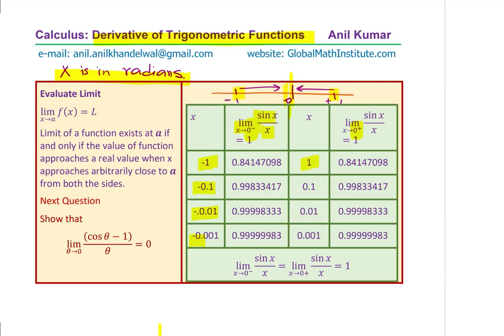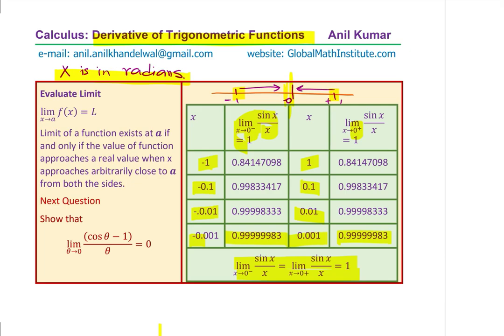Similarly, for the right hand side, we are decreasing the value 1 to 0.1, 0.01, 0.001. You can now check the value. It is 0.99999, approaching 1. You get the idea. So from both the sides, we just approach the value 1, and therefore this limit exists and it is equal to 1. Is that clear to you?